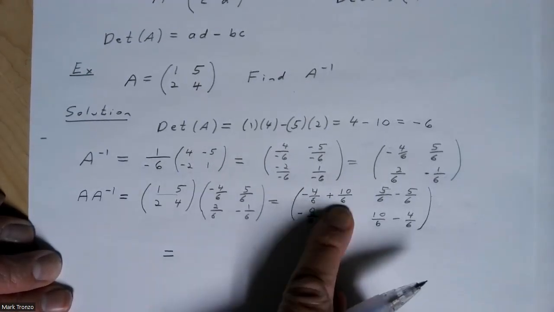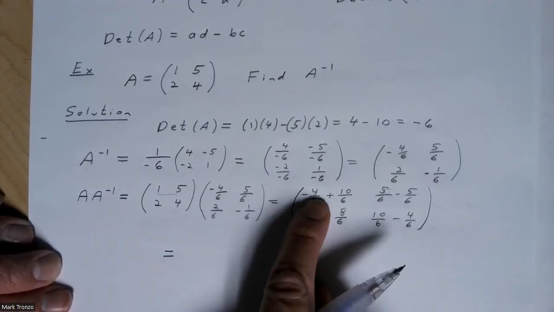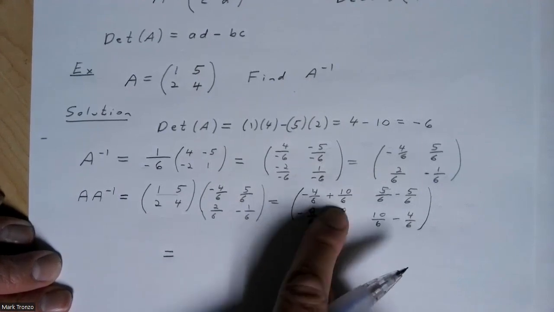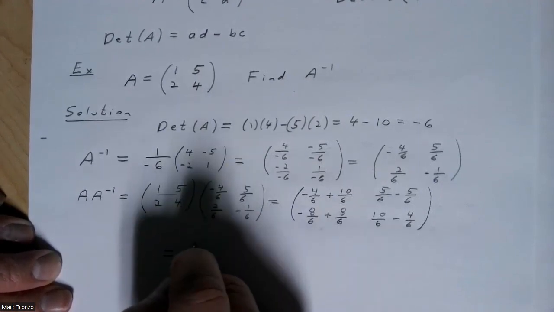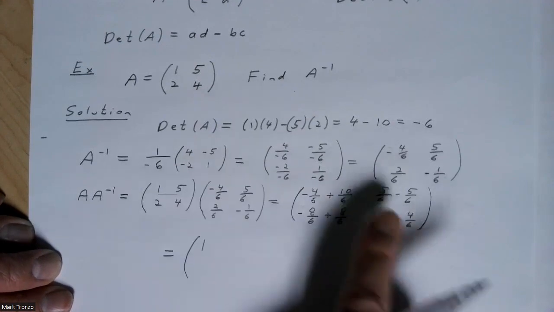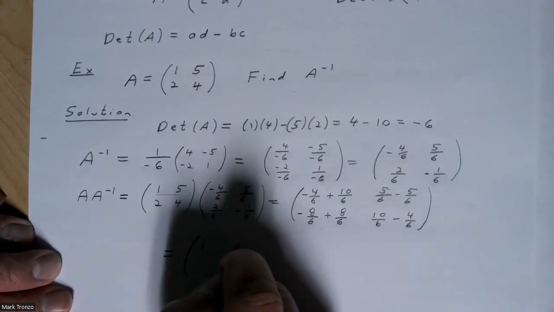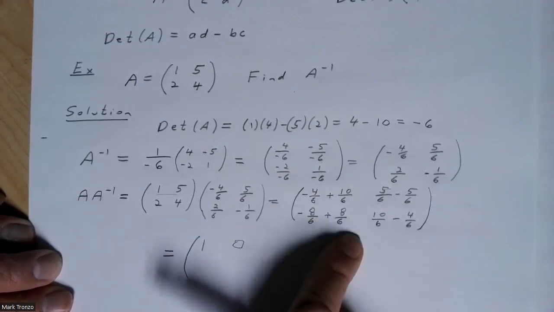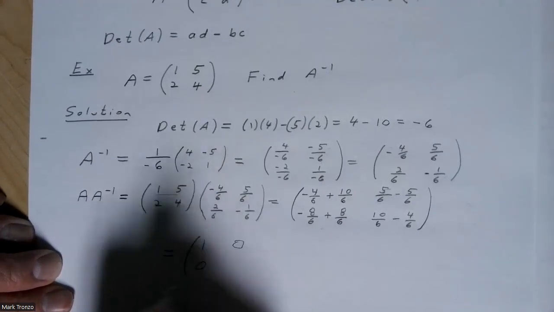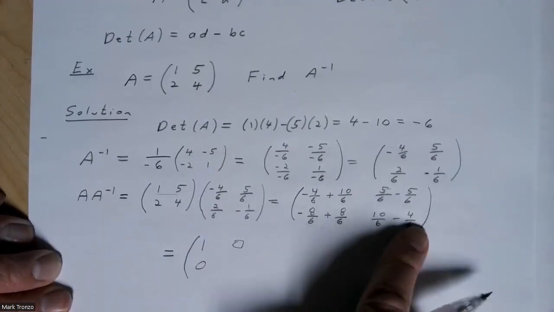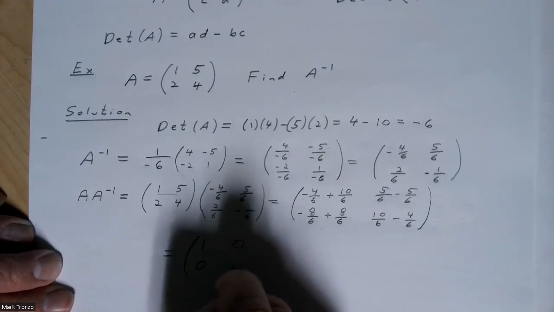And let's see. So this ends up being 6, 6, which is 1. So we have 5, 6 minus 5, 6 is 0. 8, 6 minus 8, 6 is 0. 10, 6 minus 4, 6, 6, 6, which is also 1.